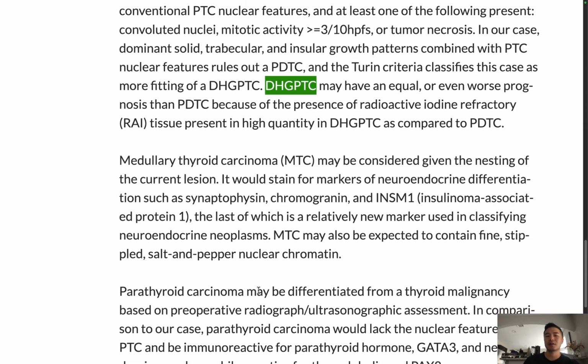And then just something about medullary thyroid carcinoma. It's like the melanoma of the thyroid. It can mimic anything, so always have that in the back of your differential. But again, there wasn't prominent salt and pepper chromatin, and no amyloid, which is made out of calcitonin. But if you weren't sure, you can get a calcitonin stain or an INSM1 stain.